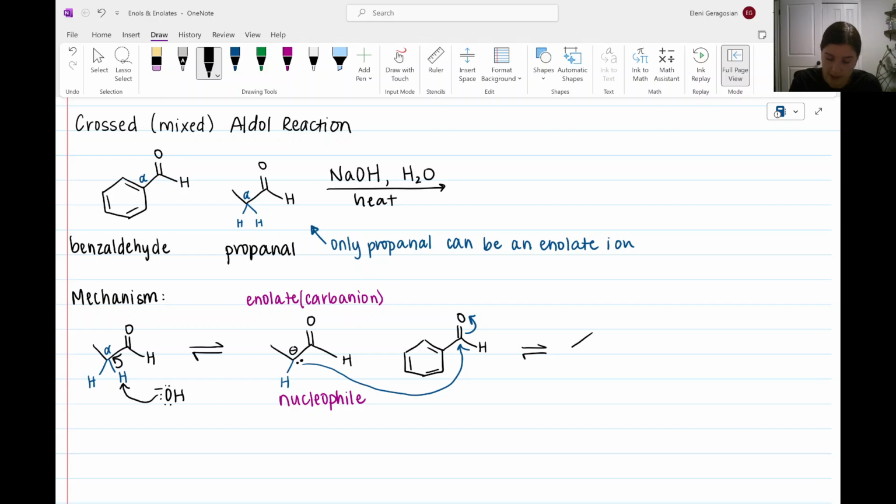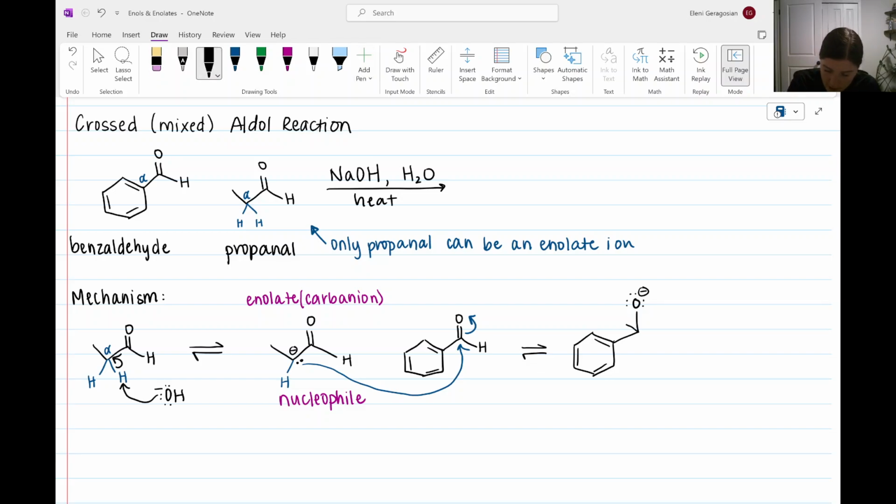I'm going to rearrange this a little bit and draw the phenyl ring on the left of the molecule. So this phenyl ring is bonded to a carbon that now has a negatively charged oxygen. So that's this one here. The hydrogen is still bonded to that carbon.